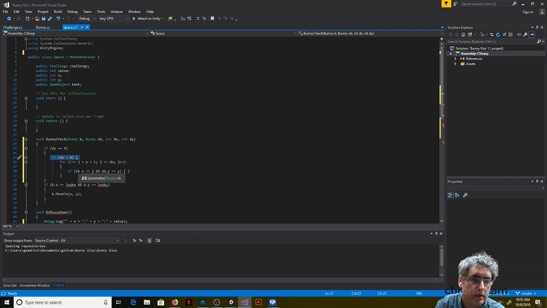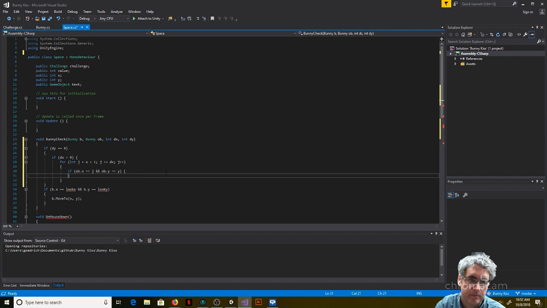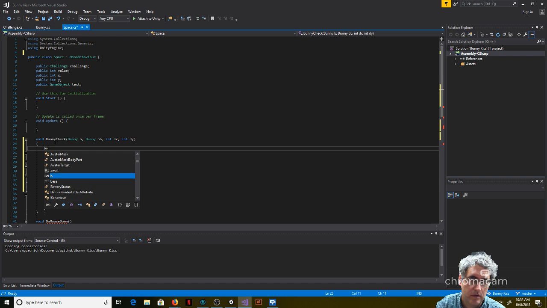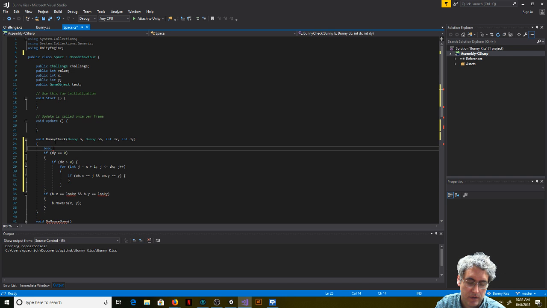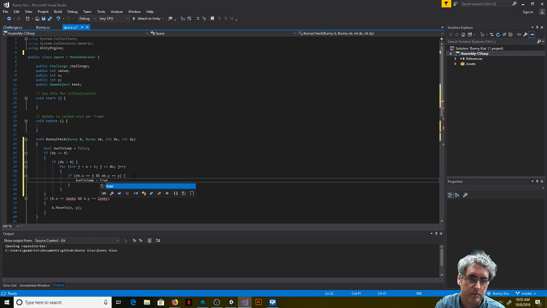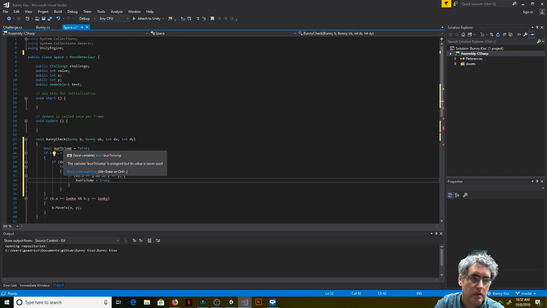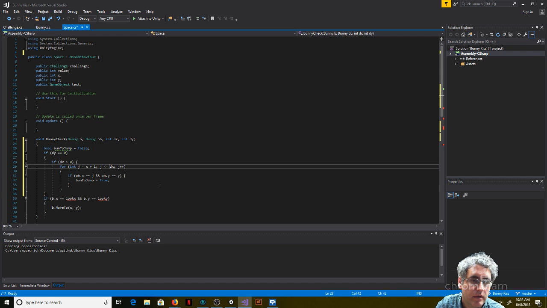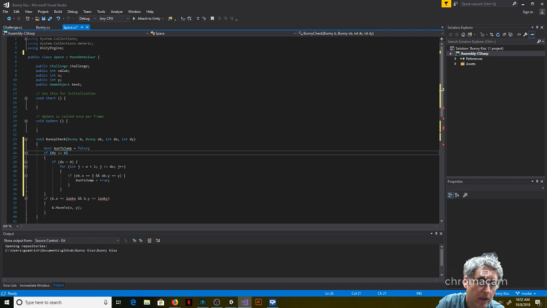And if I found a bunny in the way, bun to jump equals true. Alright, I found another bunny, right? Let's walk through my logic here again.